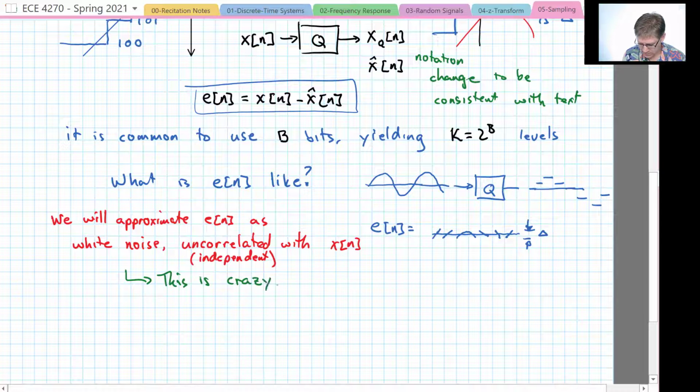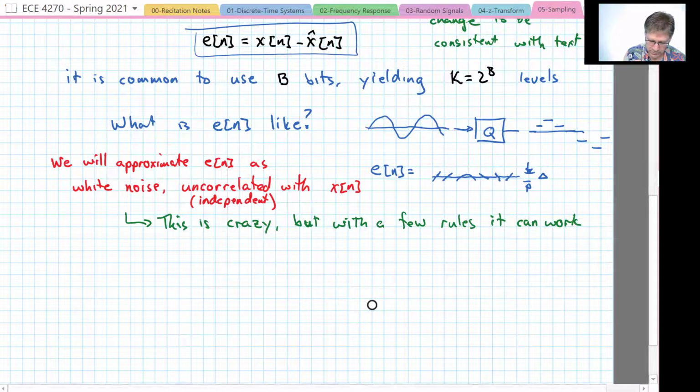But it's so appealing that it's worth it to try to figure out when this will work. And so, with a few rules, it can work. And it turns out these rules aren't that onerous.